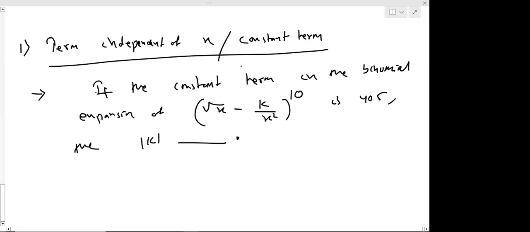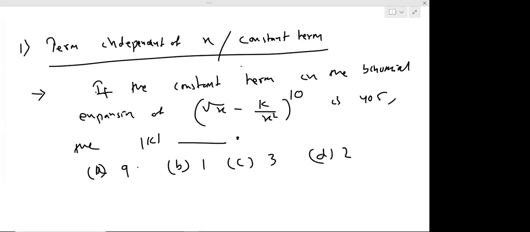Options: A is 9, B is 1, C is 3, D is 2.